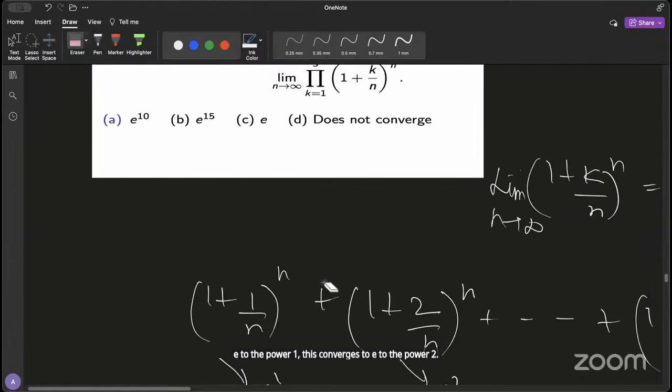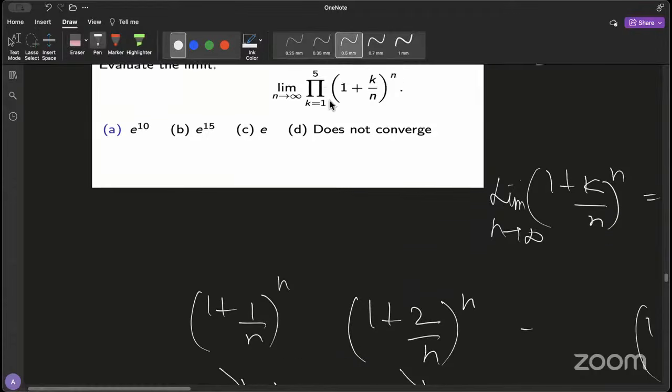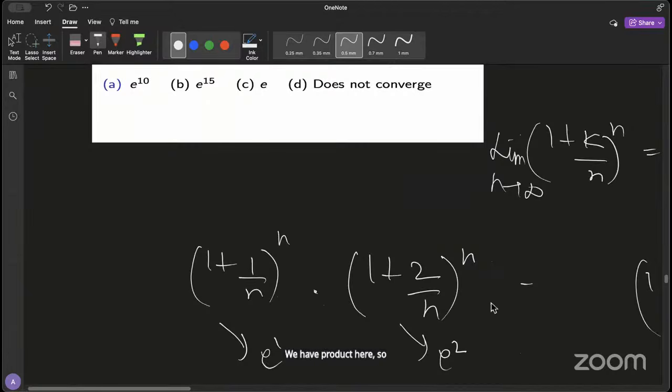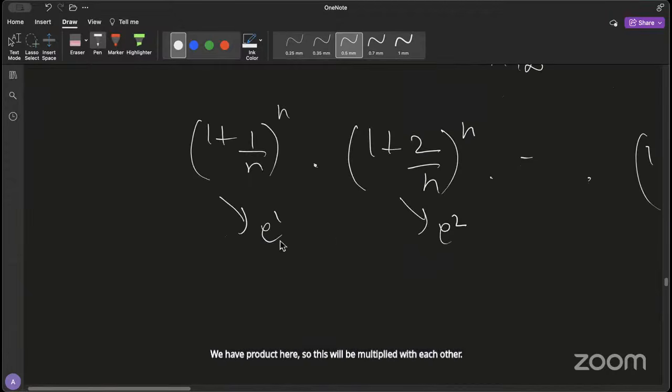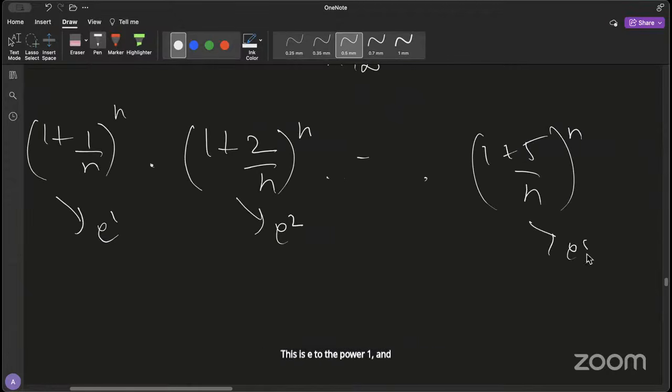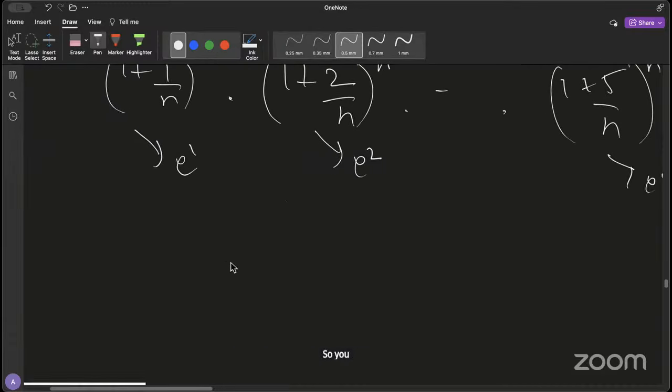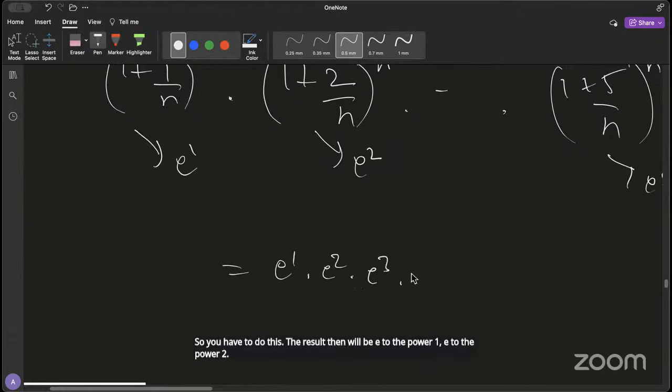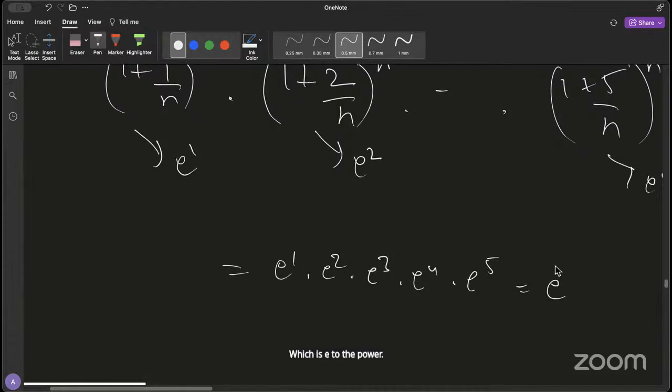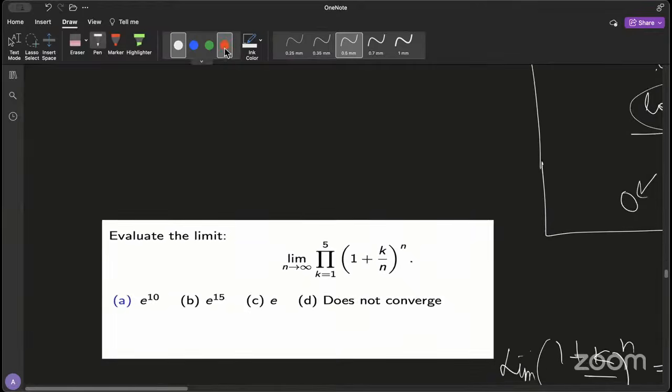We have a product here, so these will be multiplied with each other. The result will be e to the power 1 plus 2 plus 3 plus 4 plus 5, which is e to the power 15. So this should be correct.